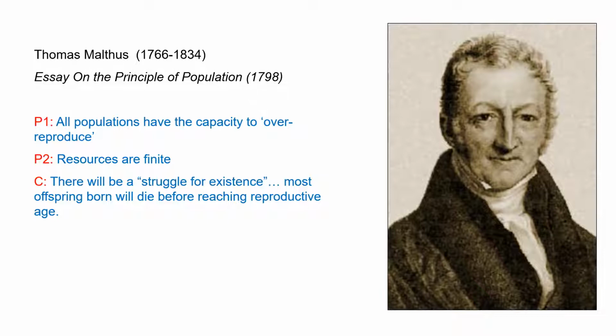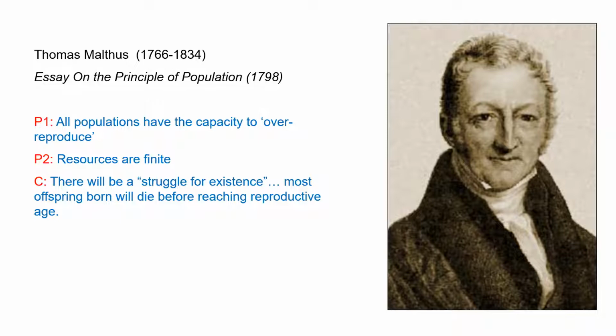As you'll see, Darwin read Thomas Malthus, a preeminent economist of his day, and Malthus wrote Essay on the Principle of Population in 1798. And in this book, he describes how all populations have the capacity to over-reproduce. Every pair of reproducing individuals on the planet, whether they be beetles or birds or humans, have the capacity to produce more than just 2 offspring.